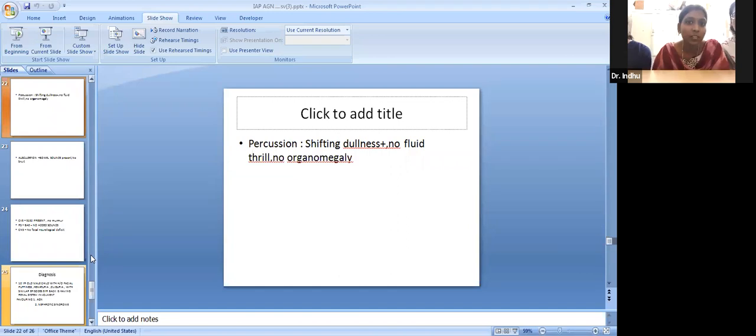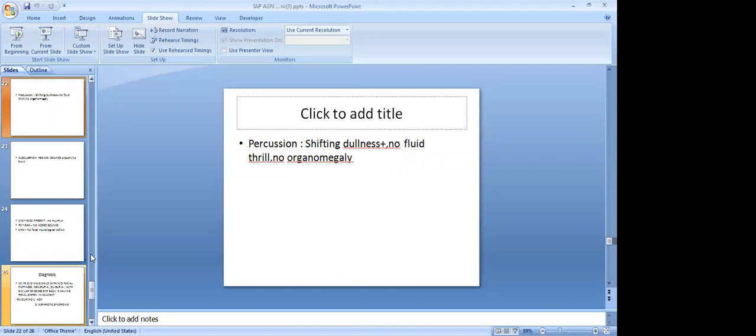HSP is again small vessel. They may present with arthralgias. They may develop peripheral neuropathy. In fact, I'm listing all the diagnostic criteria for the disease without telling the name of the disease. Okay. What is PAN?